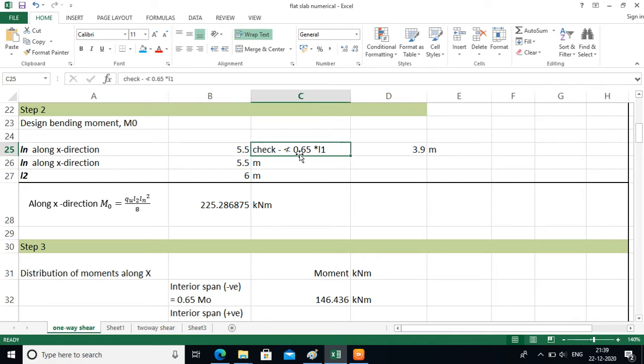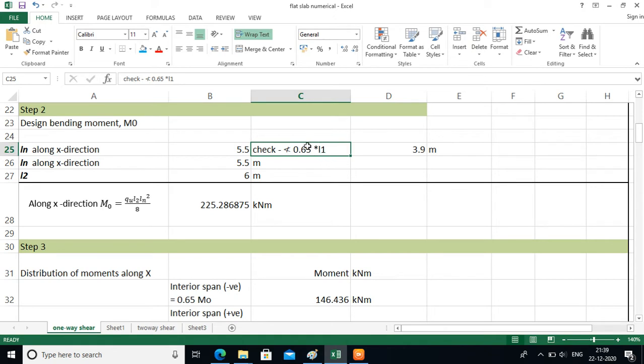L1 is the center to center distance between the columns in x direction. So this Ln should not be less than 0.65, that is 65% of L1.